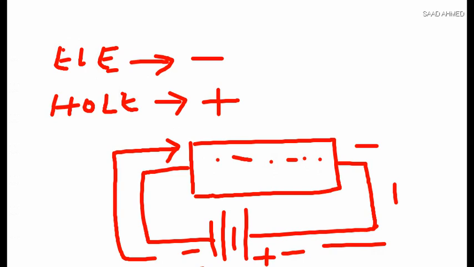This is the basic flow of electrons. But when you talk about semiconductors, the story is a little different, and we have two types of charge carrier. One is the electron and the other one is the hole, and we are going to discuss further about it.